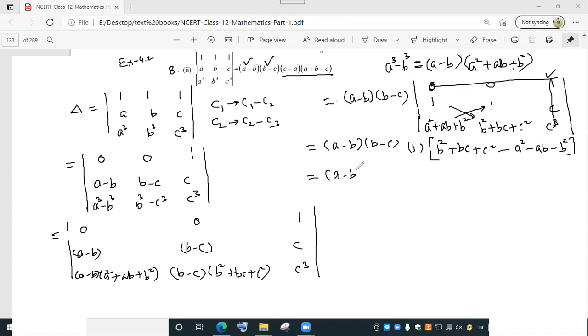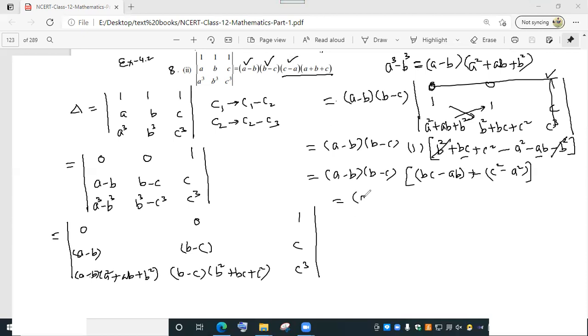After this, a minus b, b minus c, and now we have to simplify it. b square minus b square cancels. We write bc minus ab together, plus c square minus a square, which we can write as c minus a into c plus a. Taking b common, this also becomes c minus a.